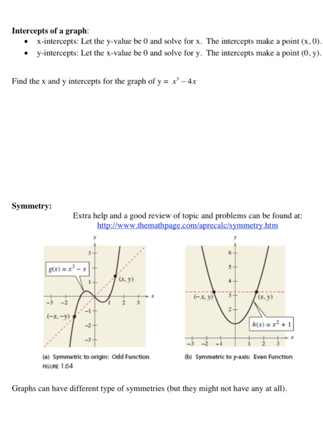All right, so the next thing we're going to look at is determining the intercepts of the graph. The intercepts of the graph are where the graph crosses either the x or the y-axis, depending on which intercept you're looking for. For x-intercepts, we let the y value equal 0, and we solve for x.